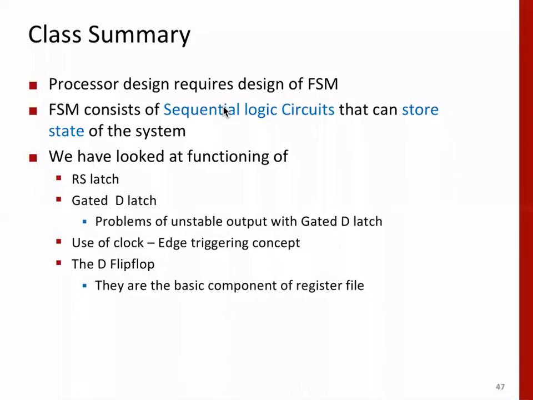The input signal should remain stable for a certain period of time, and the input should also remain stable after this rising edge for a certain period of time. The delay until the output is available at the output port is called clock to q delay.